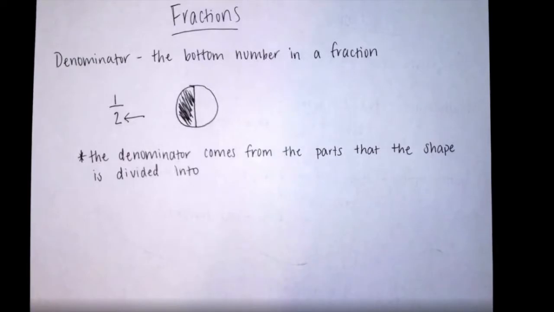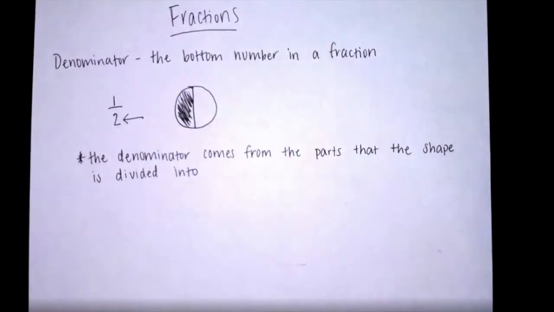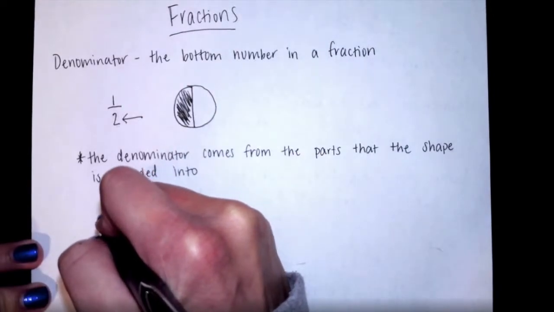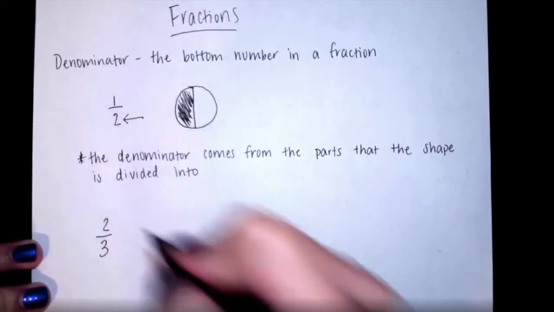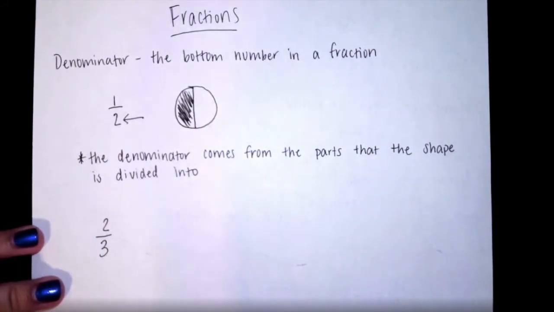So now let's look at, we've already done the fraction 1/2. Okay? So let's look at a fraction with a denominator of 3. So let's use the example 2/3. Okay? So this, if we were drawing it, would look like this.